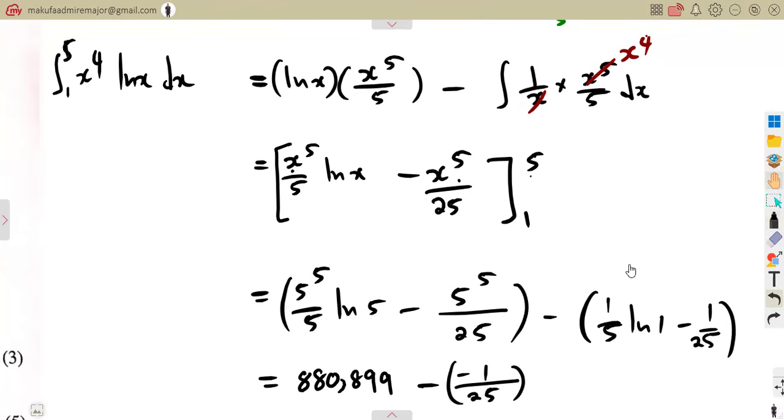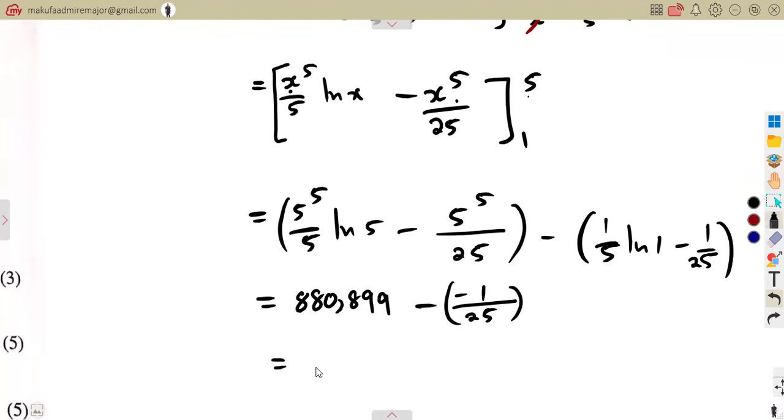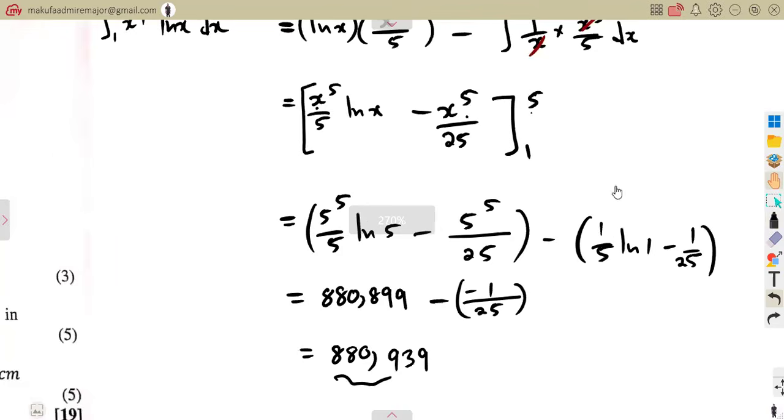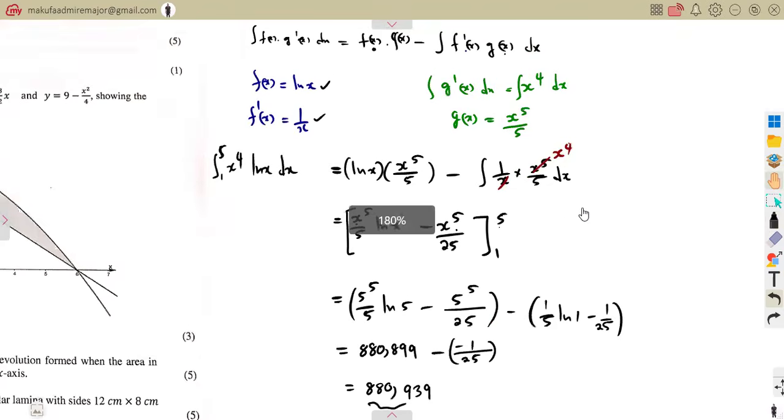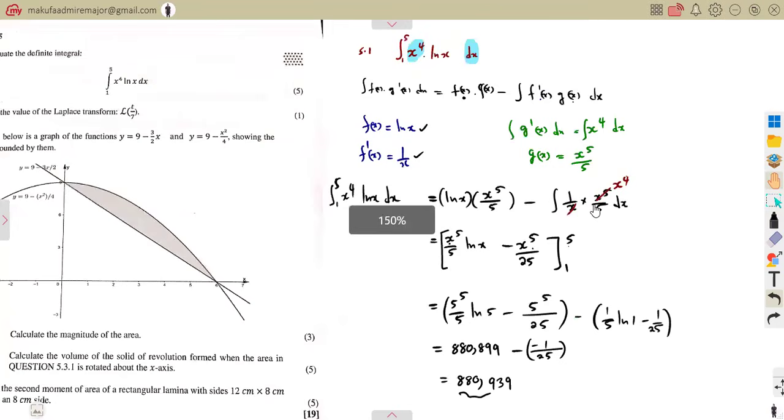So thus we can simplify, and we have got 880,939. So it's a direct application then. Substituting of the limits that you are given after integrating whatever that you are given, you substitute your limits.